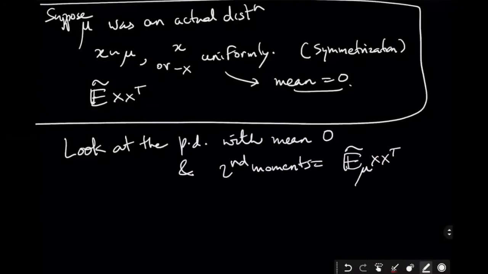So I'm claiming that even though our initial pseudo distribution was not mean 0, without loss of generality, I can assume that.